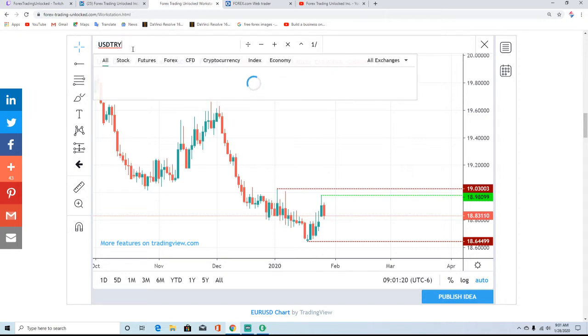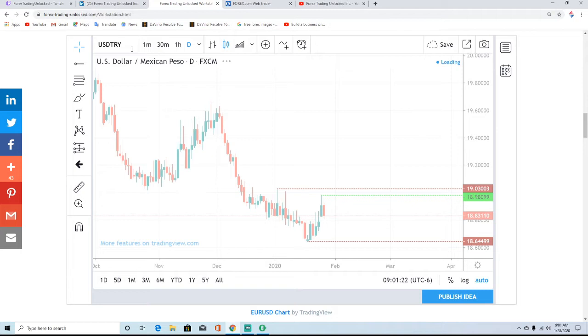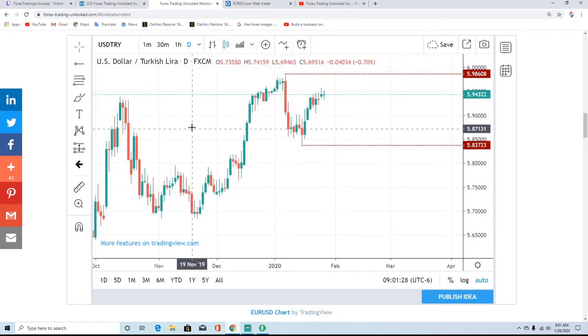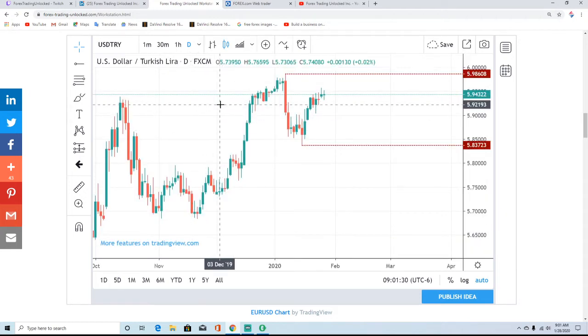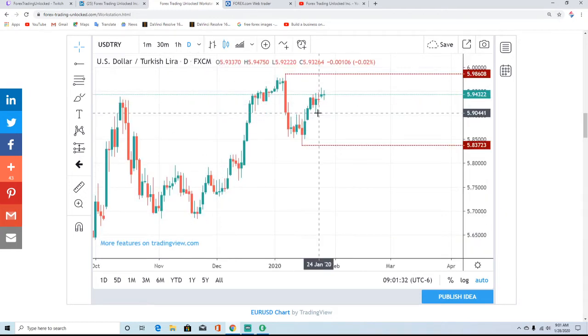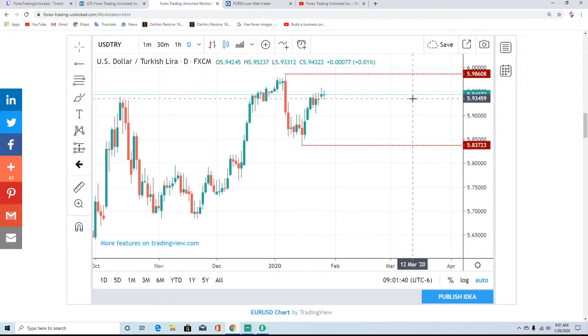We're looking at the lesser currency crosses first today because we want to see dollar strength, dollar weakness, what is really going on. So right now in the US dollar Turkish lira, we also have dollar strength that has been prevalent for quite some time, and even today it's slightly higher. We're going a little bit sideways, but it's grinding its way up, and we're looking for a challenge of this upper 598 area.